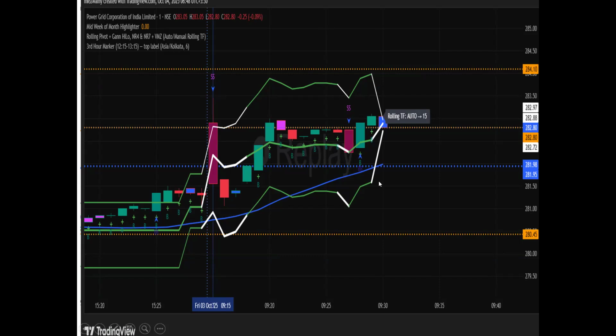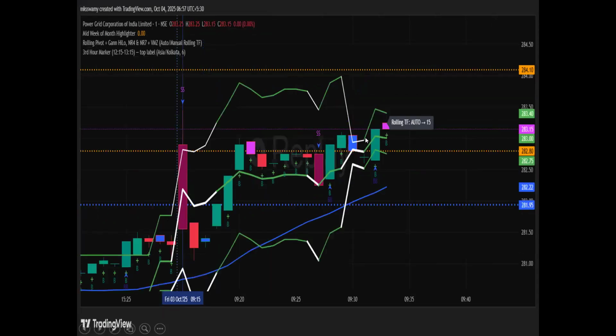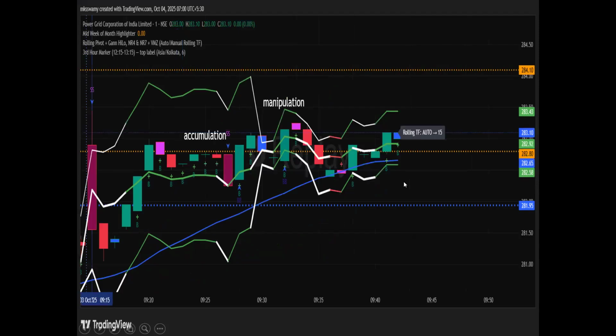When they are converging, you can mark the rebalance line here. They are converging and you are marking the rebalance line. Next, you can see they are opening up. After the convergence, they are opening up. The rolling pivot or trend is still intact. My indicator is giving buy signals.